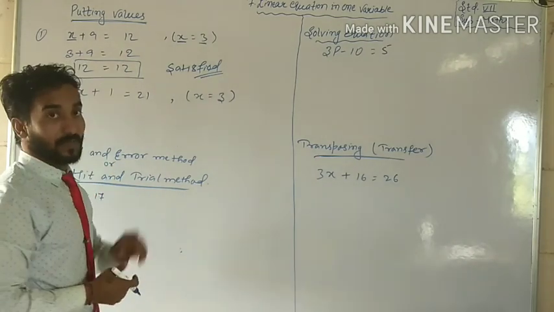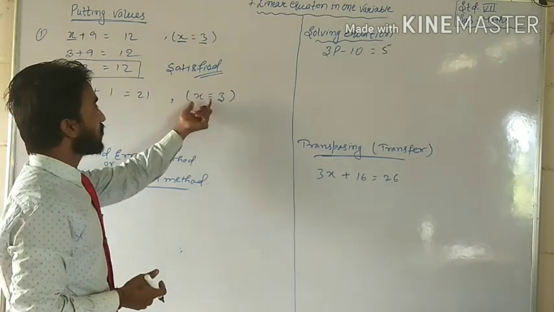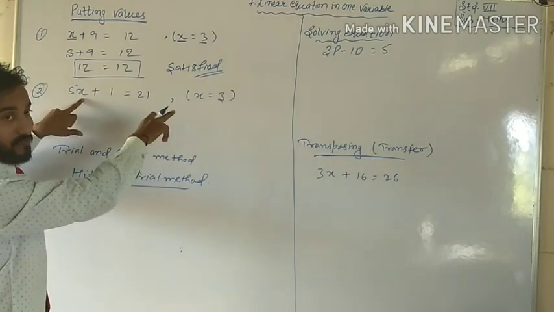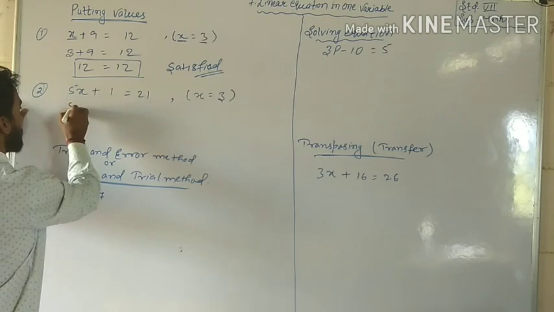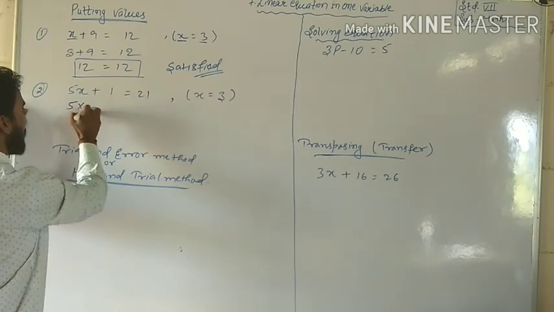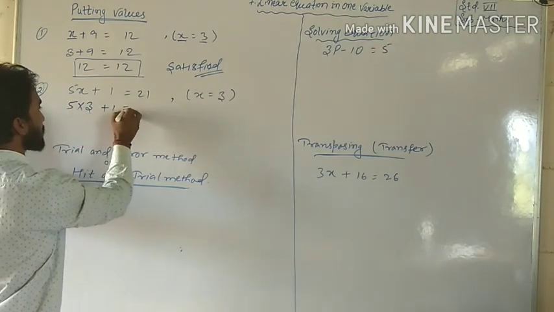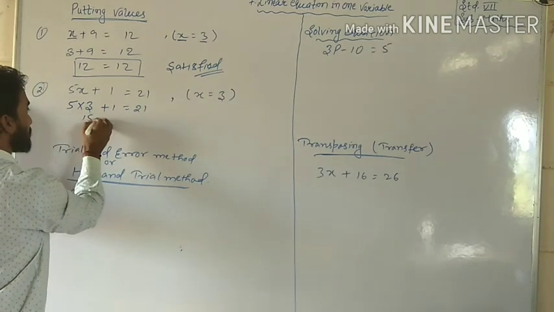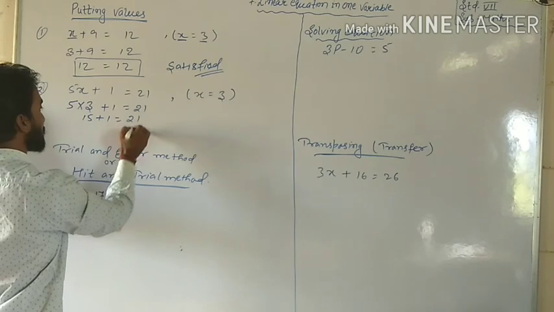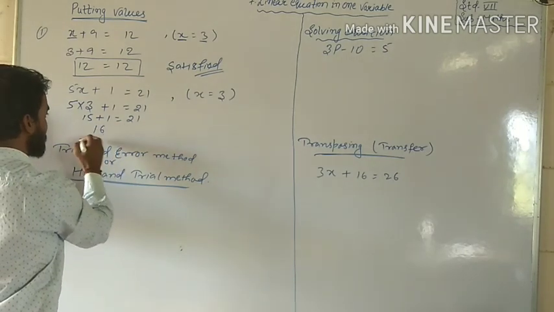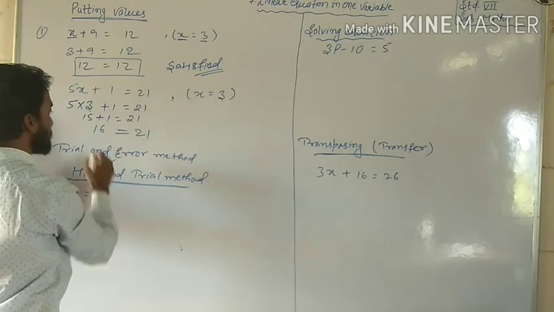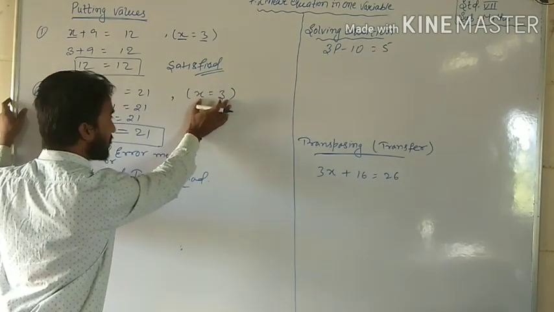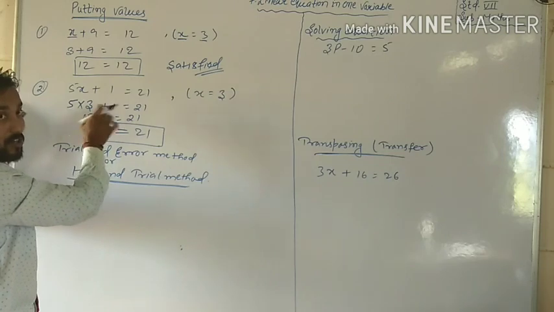What we did in the previous question, the same we will do: at the place of x we will put 3. So 5 into 3 plus 1 is equal to 21. 5 into 3 is 15, plus 1 is 16. Does x is equal to 3 satisfy the equation or not?